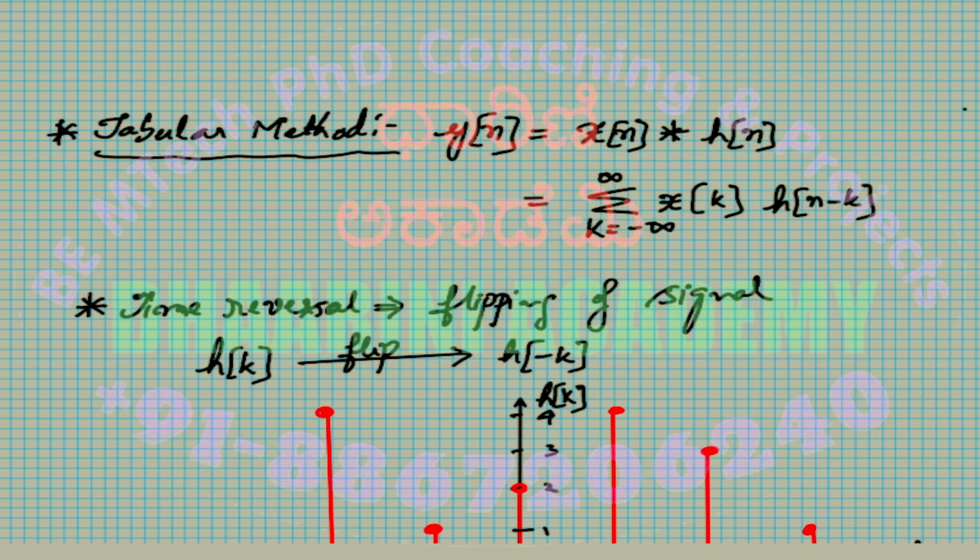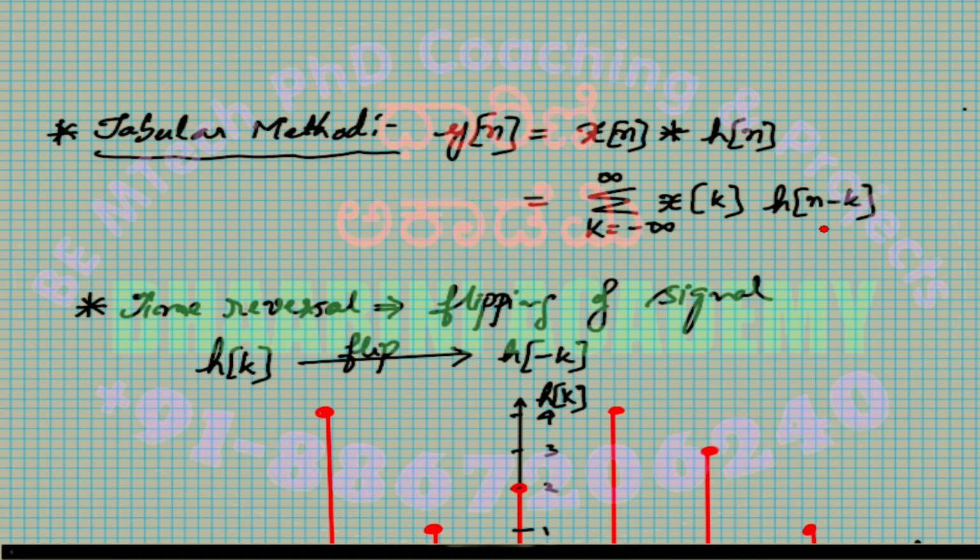Okay, so let me write what it is. This means flip, and I have to perform the shift that is applicable for h signal. So before you multiply that h with x, you have to flip h and shift.